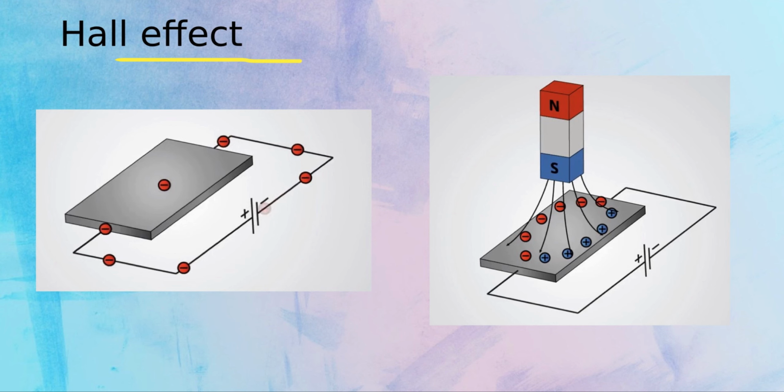Now let's see, what does Hall effect mean? Consider that we have a semiconductor device in which we apply a voltage and so we have current flow through it. The electrons move in this direction. Now what happens when I subject this semiconductor device to a magnetic field? We have magnetic flux density B being produced.